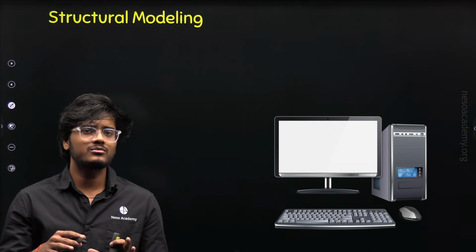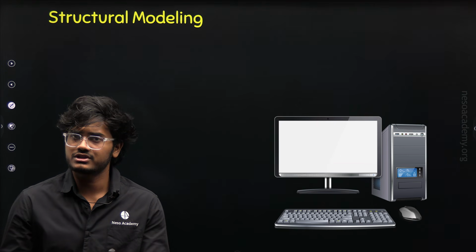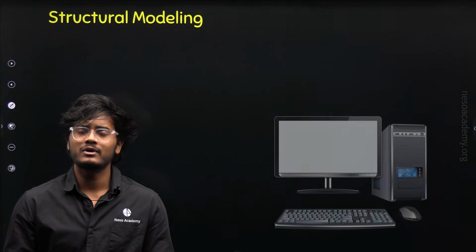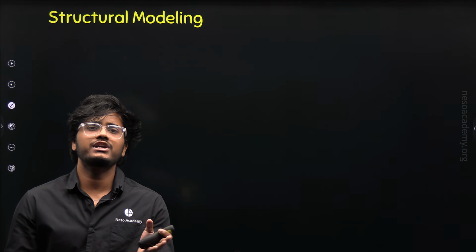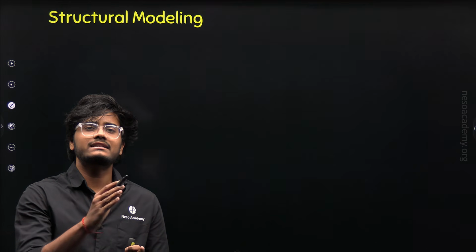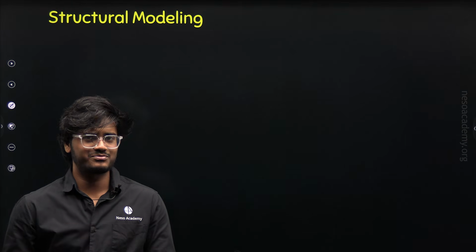So, structural modeling is similar to structural view, where it is describing the internal circuit structure. So, in digital electronics, behavioral modeling describes the behavior of the circuit, and structural modeling describes the internal circuit structure, similar to a circuit diagram.